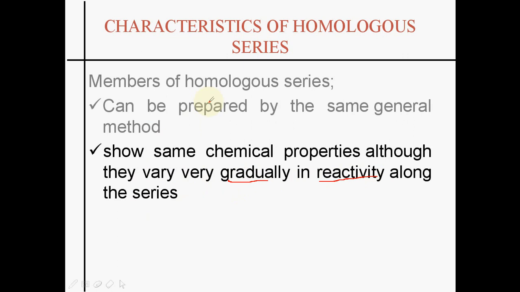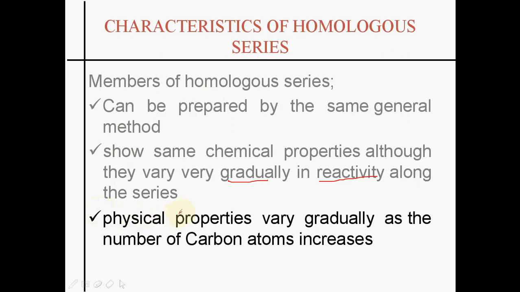Then we say they also show a gradual change in the physical properties, meaning as you increase the number of carbon atoms, you expect the physical properties to change gradually. For example, if you look at the homologous series called alkanes, you observe that the first four members, meaning from member number 1 to member number 4, are in gas state.